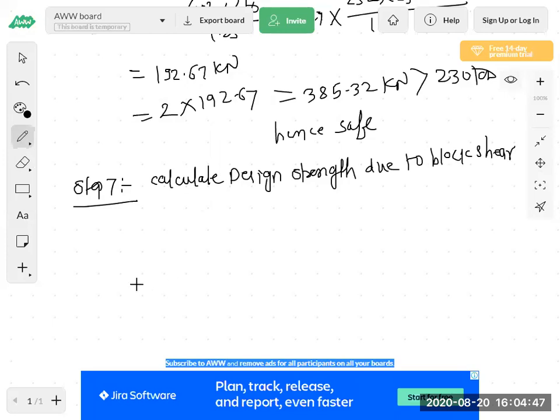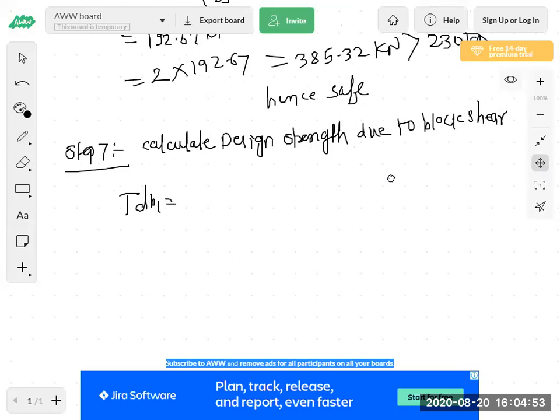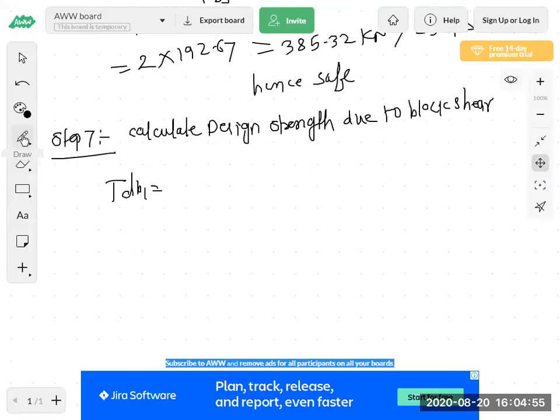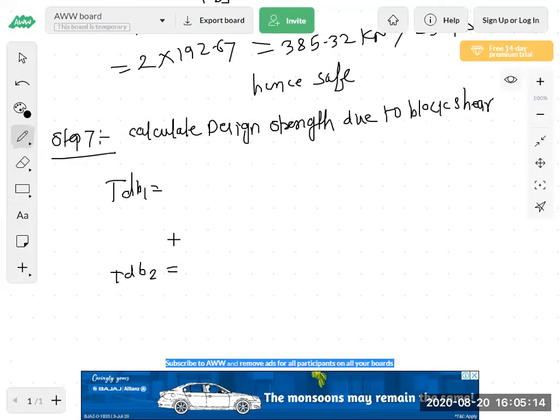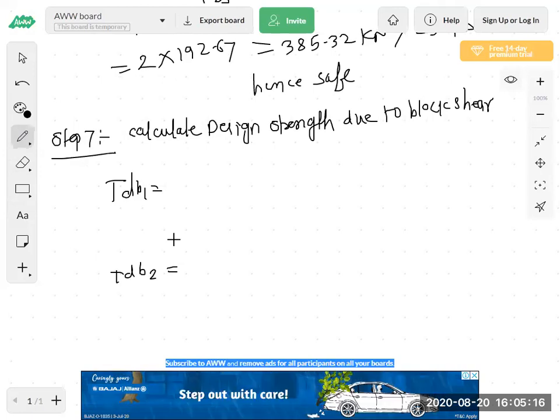Okay, so here TDB1 and TDB2, these are the two strengths. So what is the formula for design strength due to block shear?